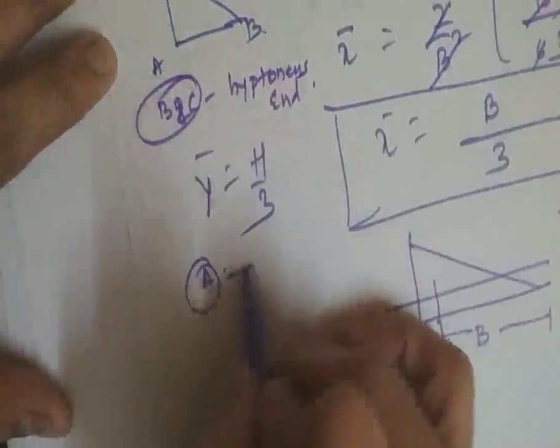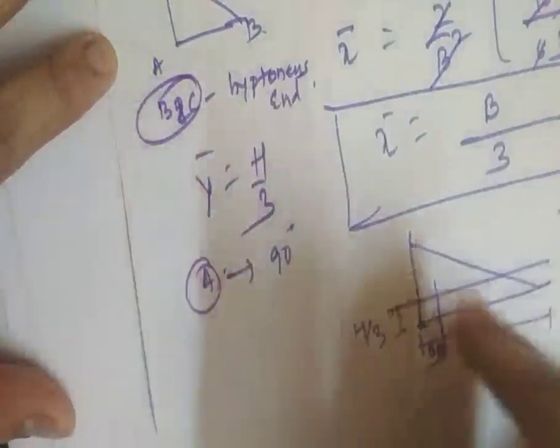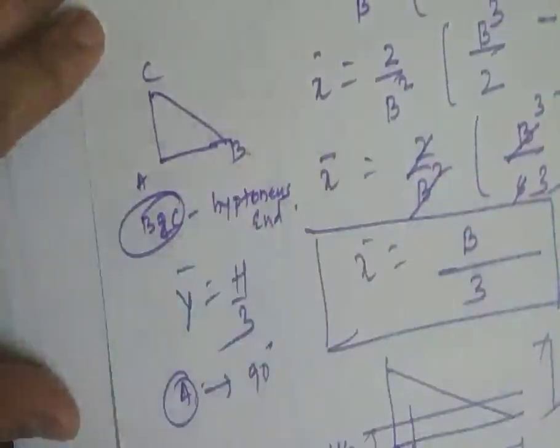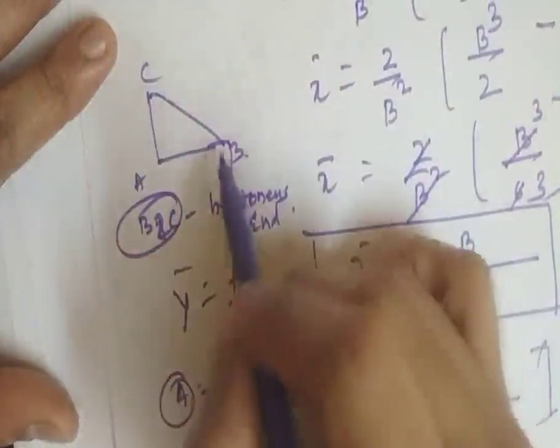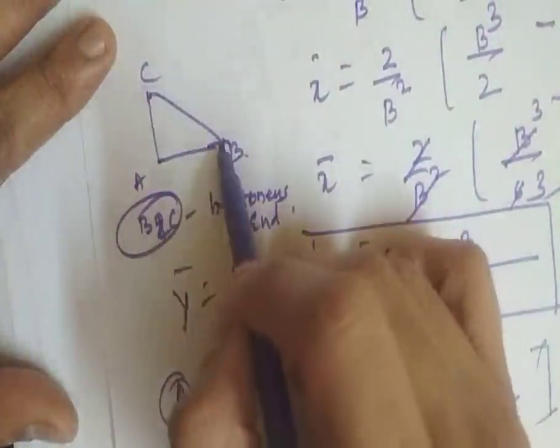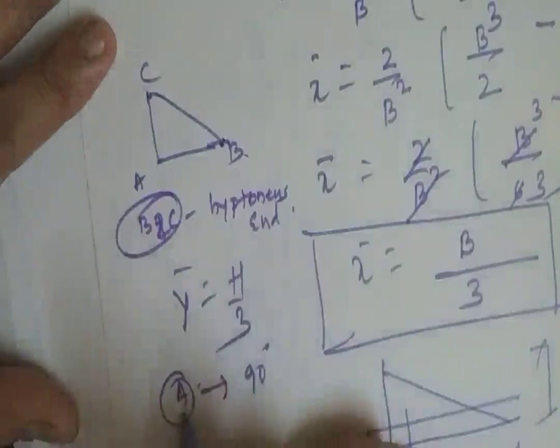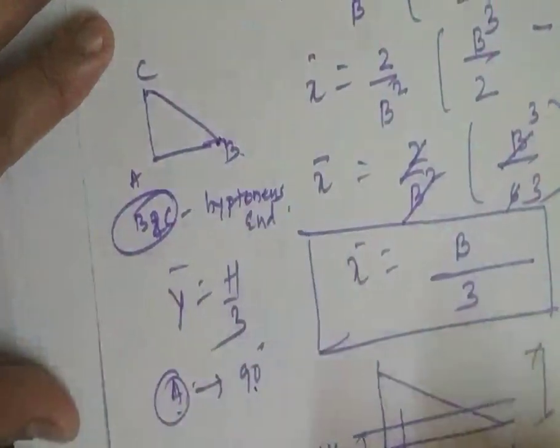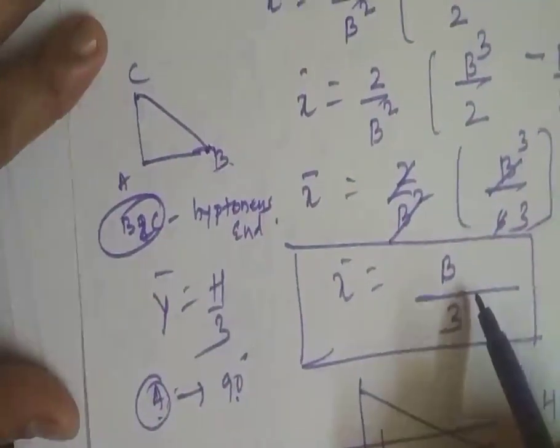A is the position of the 90 degrees angle. So with reference to the hypotenuse position and the angle position, we need to mark this particular distance, b by 3 and h by 3.